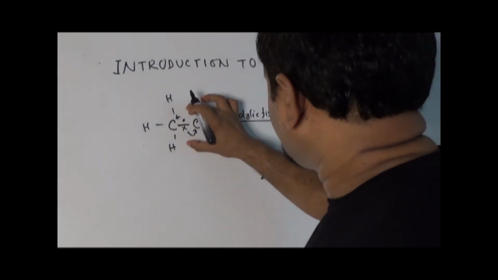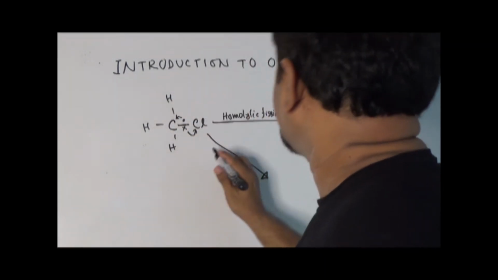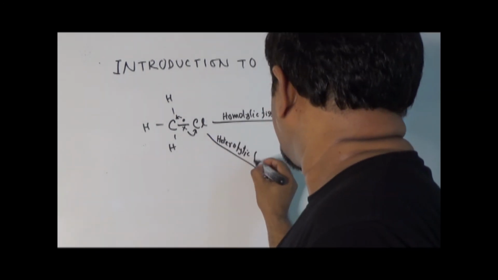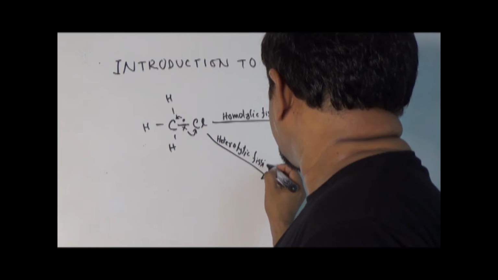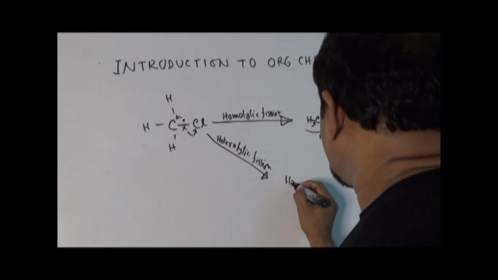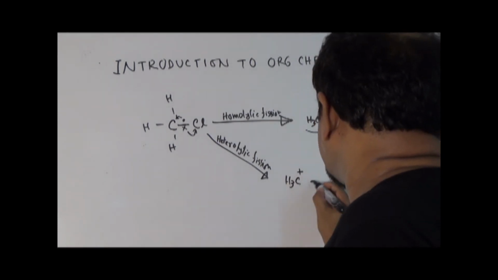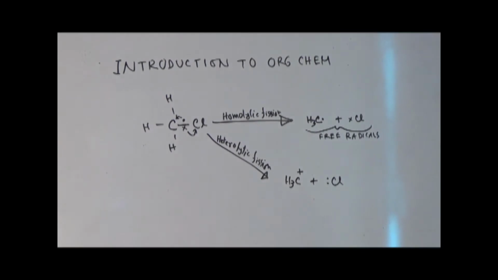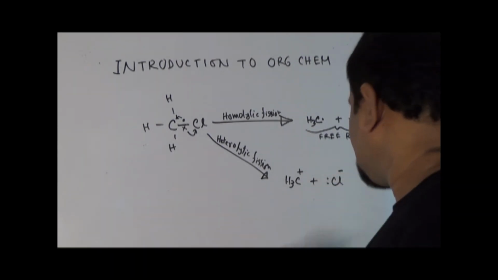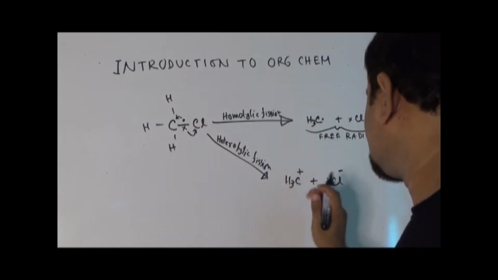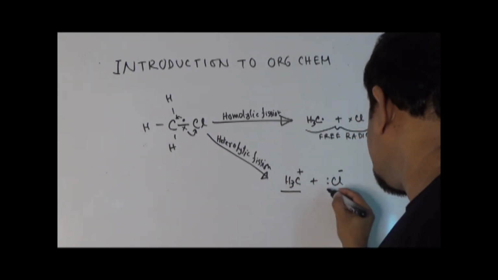And then we want to break this bond unevenly, that is heterolytic fission. The heterolytic fission will be just like that. Both electrons are taken by the chlorine. So here positive and negative ions are made, the bond is unequally broken. This one is positive, this one is negative.